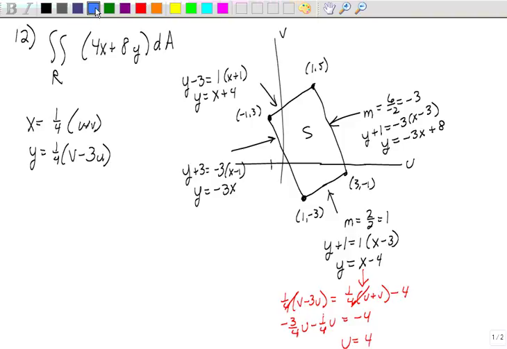Okay, let's do blue. This one we have, so here the u's are going to cancel out. I have 1/4 v plus 3/4 v is equal to 8.